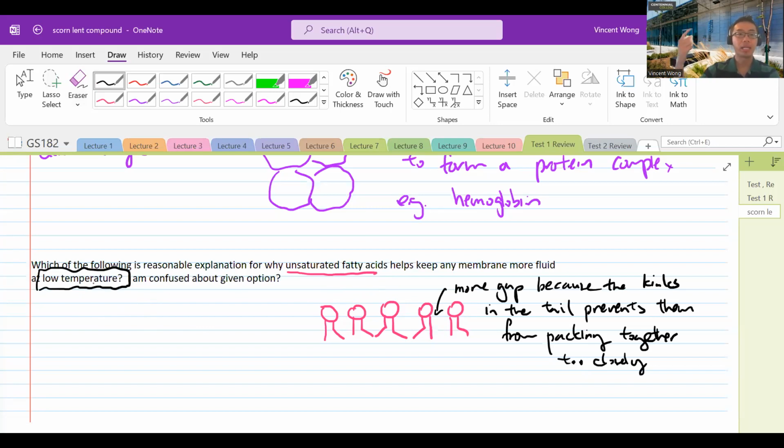But if you increase the unsaturated fatty acid content in that butter, it's going to remain relatively fluid. And so, as an adaptation for plants growing in low temperature, you would expect their cell membrane to have more unsaturated fat. Does that answer your question, or is there a follow-up question to that?